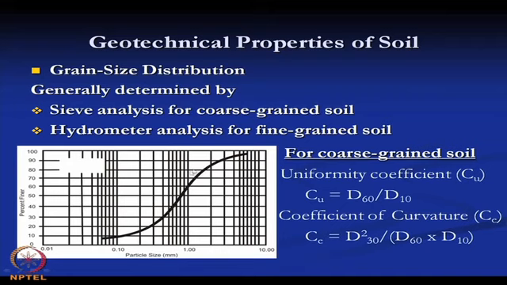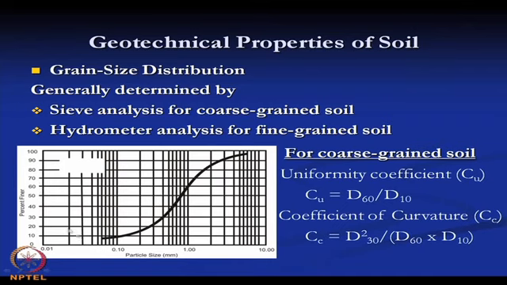So, this is a typical grain size distribution curve. Here the x axis is the particle size and the y axis is the percent fineness. So, 50% fineness means that 50% of the particles are finer than this particle size.